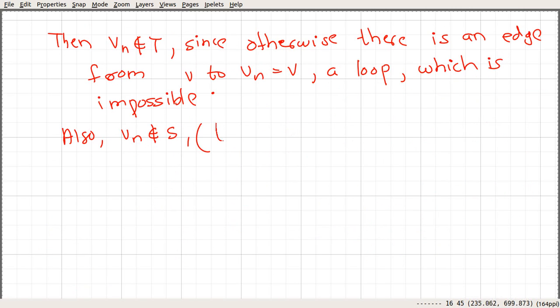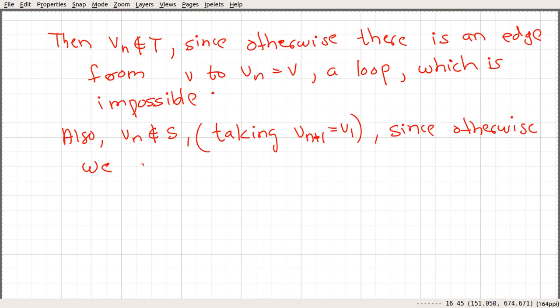So in this case, we can take this Vn plus 1 to be equal to V1, and with the same kind of reasoning, since otherwise, again we get a loop. We will get a loop from u to V1, which is equal to u.